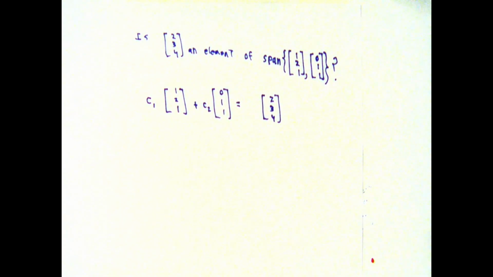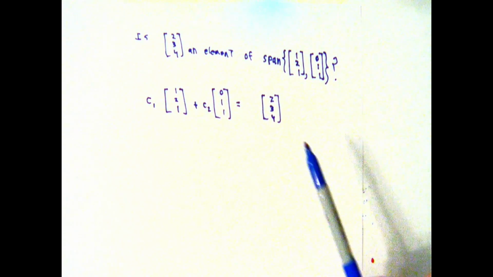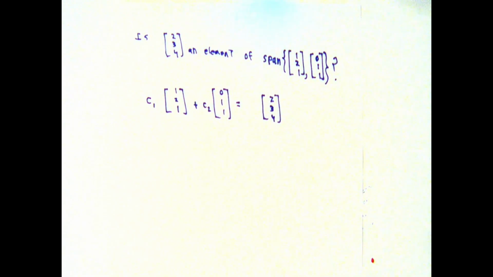Can I write it as a linear combination of them? The answer will be yes if there are numbers C1 and C2 that make this equation true. If there is no pair of numbers C1 and C2 so that happens, though, the answer will be no.